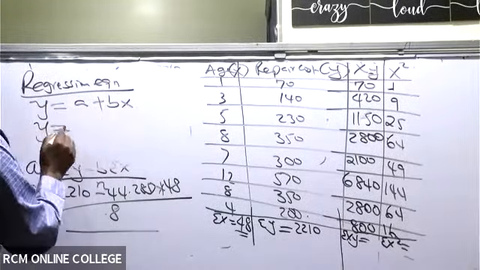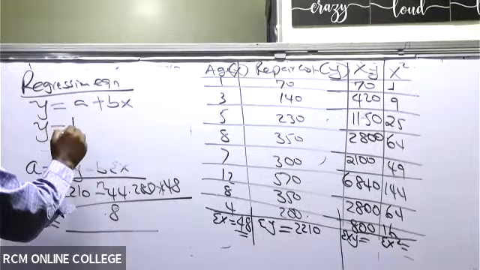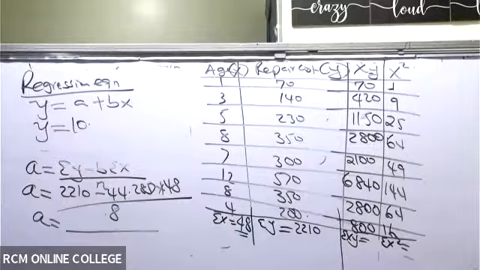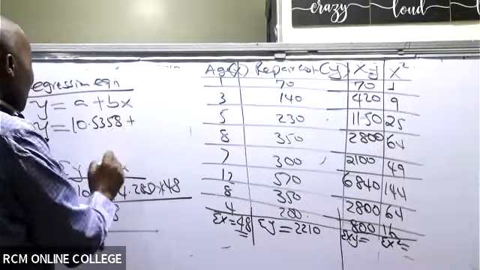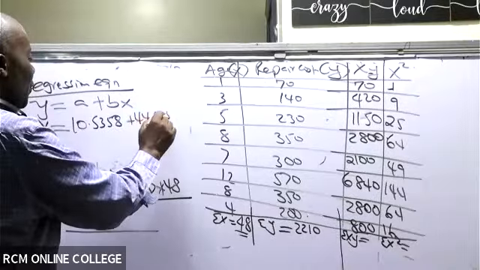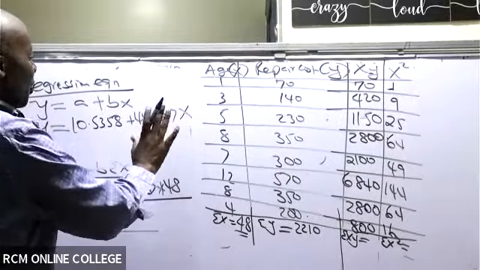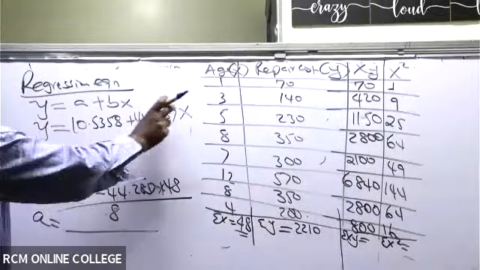So my y will be equal to a that we got here, which I remember was 10 point something, 10.5358, plus b, which is 44.2857 x. Remember, regression equation gives us the connections between the dependent variable and the independent variable.